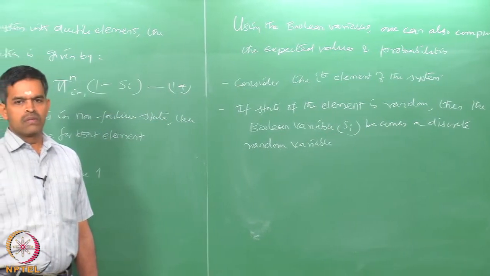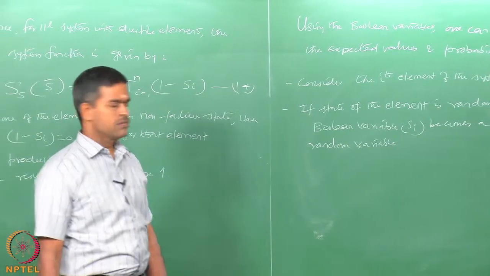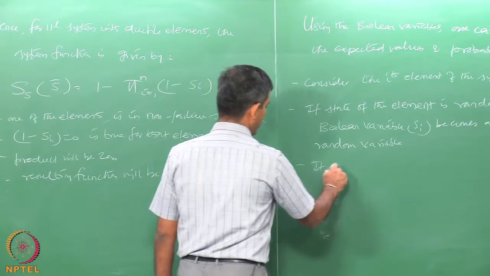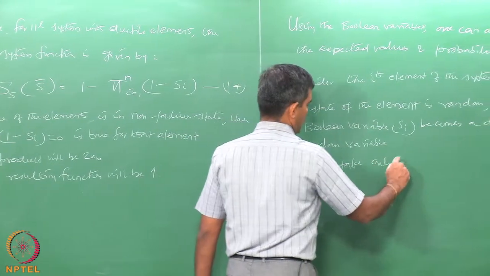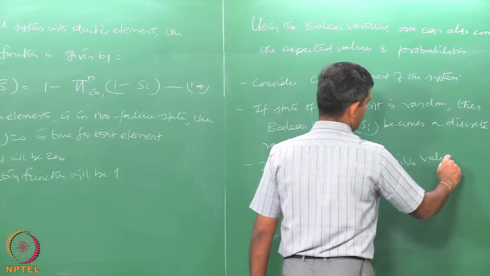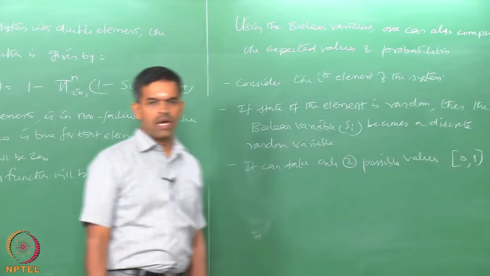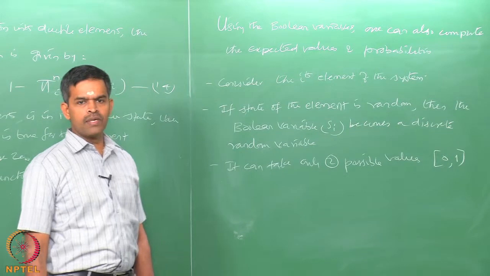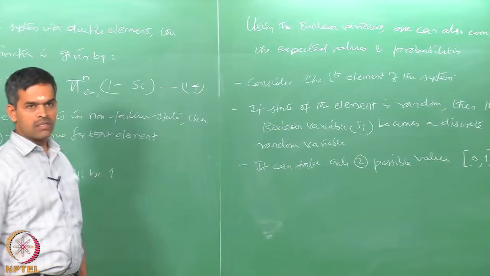Therefore, it can assume only two possible values, 0 and 1, and the probability associated with each value can be calculated, which we will discuss in the next lecture.